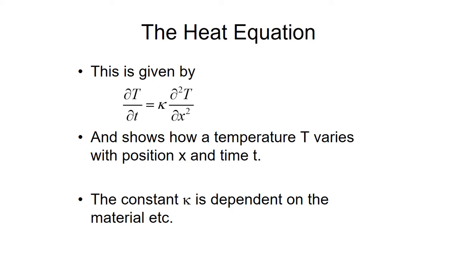So in examples involving the heat equation, if we talk about T being 0, that does not necessarily mean absolute zero. It could just as easily mean the same temperature as the surroundings.